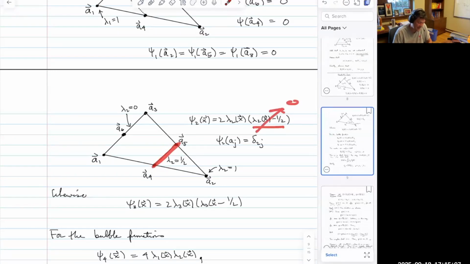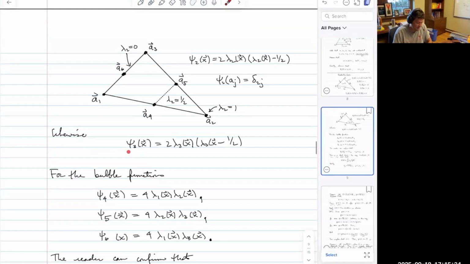If lambda 2 is equal to 1/2, that part goes to 0. If lambda 2 is equal to 0, this part gets thrown away. That's just 0. And whenever lambda 2 is equal to 1, I have 2 times 1 times 1/2. That's just 1. So again, I have psi 2 at aj is delta 2j. It's only equal to 1 whenever 2 is equal to j, or j is equal to 2.